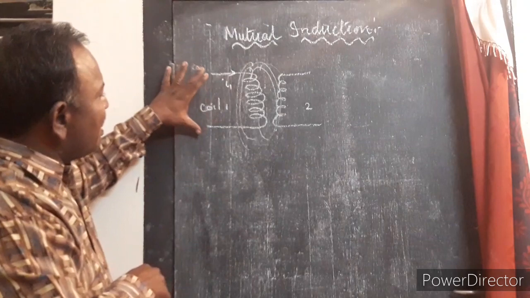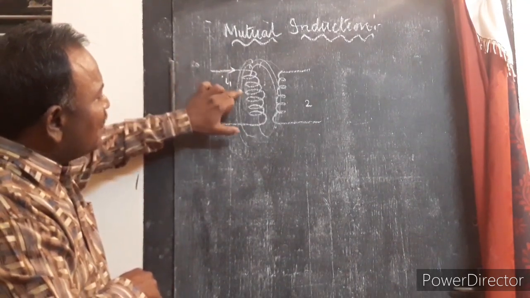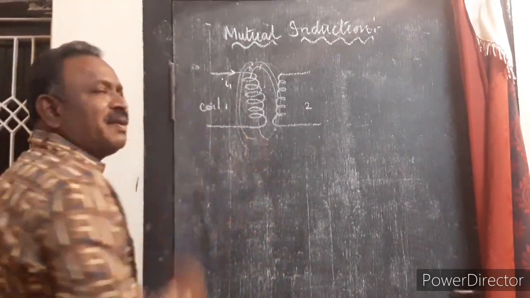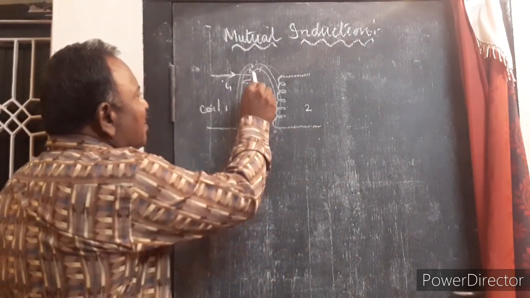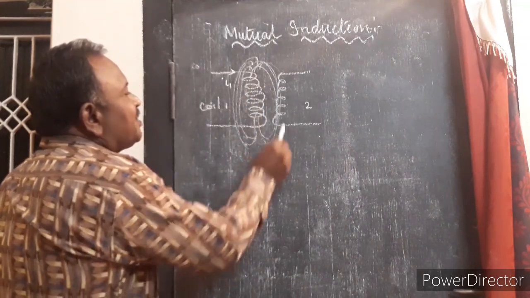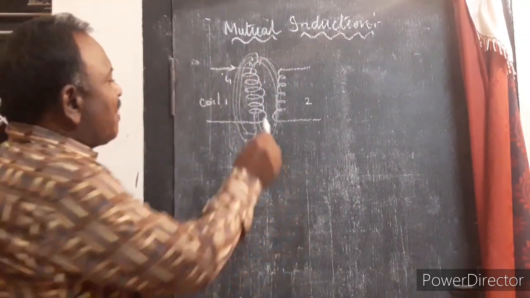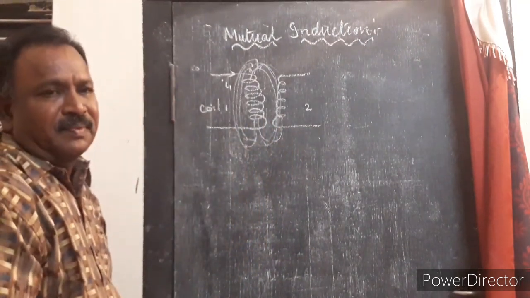When current is allowed to flow through coil 1, it produces a magnetic field, and this magnetic field produces magnetic flux. So in this region there is presence of magnetic flux, and this flux is also linked with coil 2.